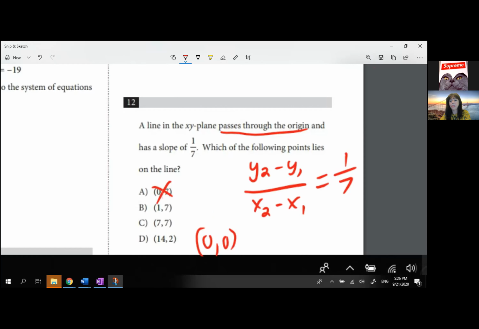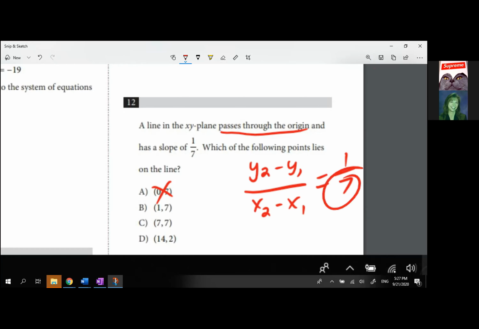We've got answer choice B, which is 1/7. What to look for here is the idea that slope, again, is rise over run. For every x coordinate that it goes over, in this case, it's 7.